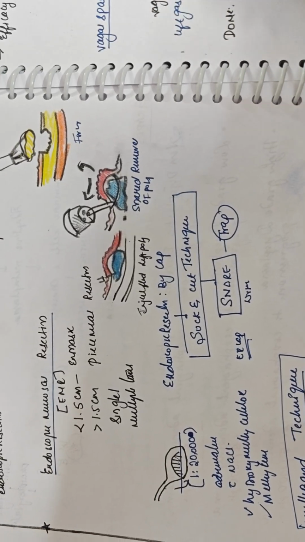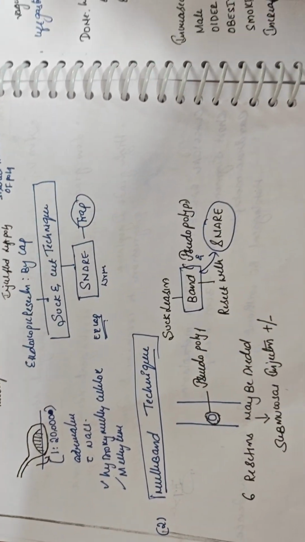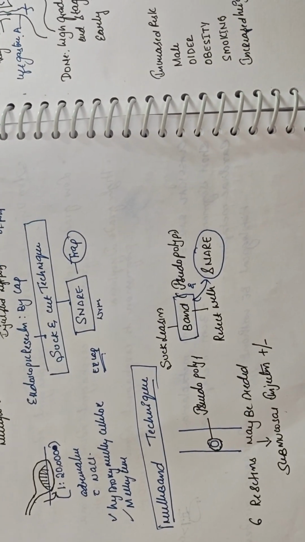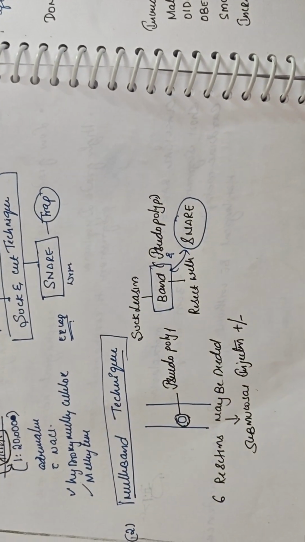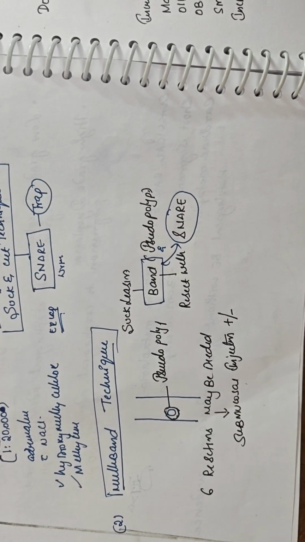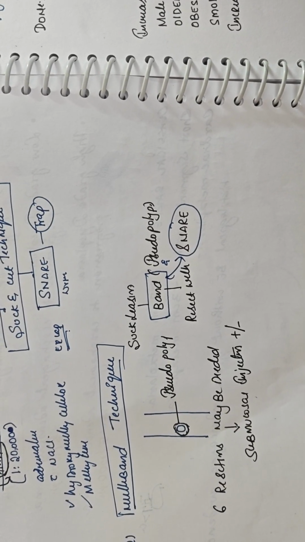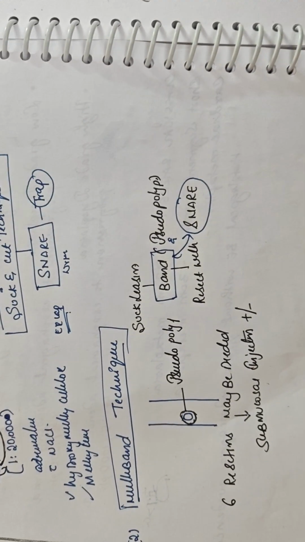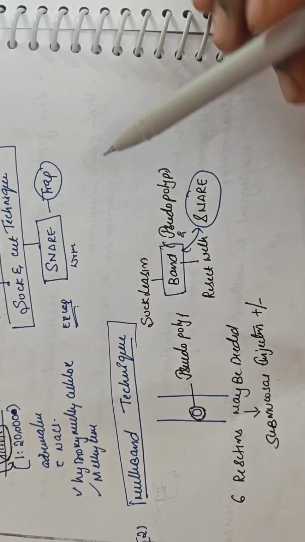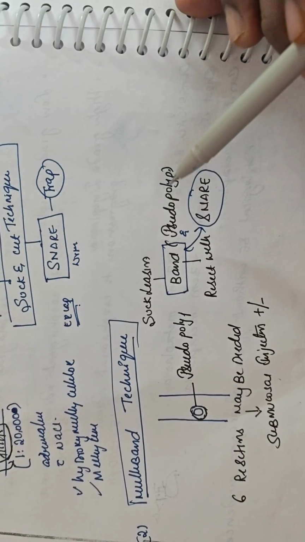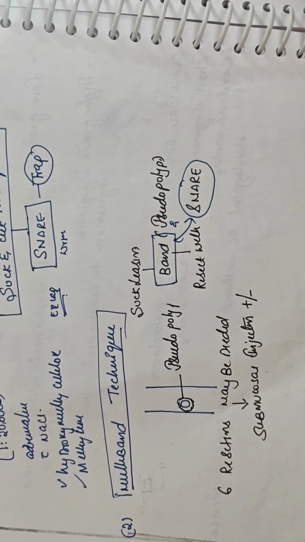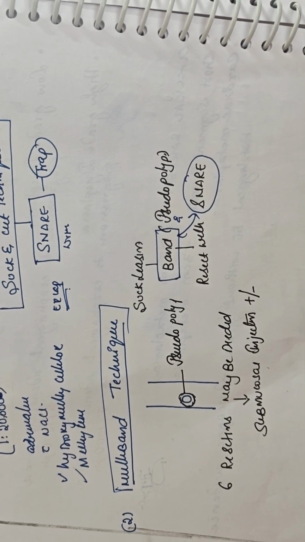Now, we have something known as the multi-band technique. Here, this is a pseudo polyp, and we use a band for the resection, and 6 resections may be needed.